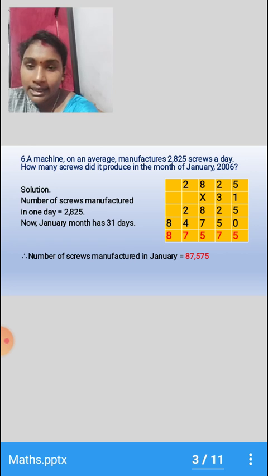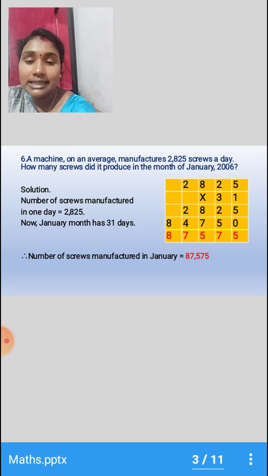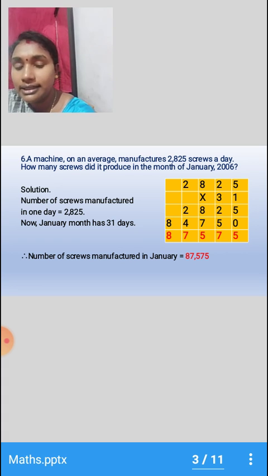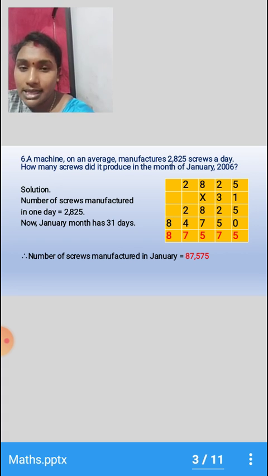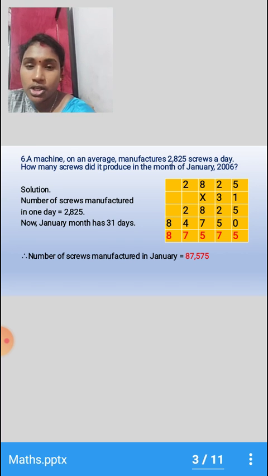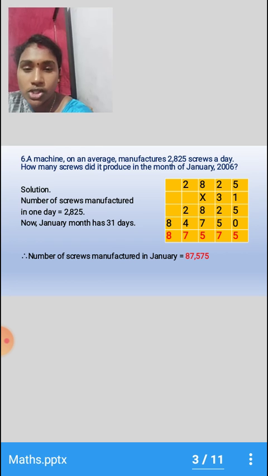For that, you have to multiply 2,825 into 31 days. So what will be the answer, children? 87,575.